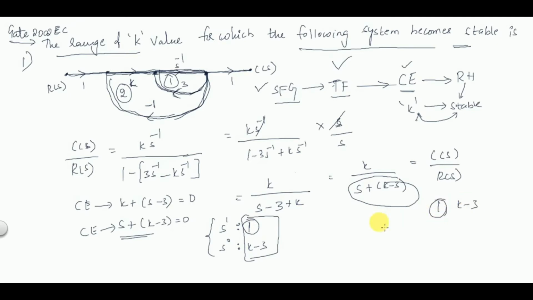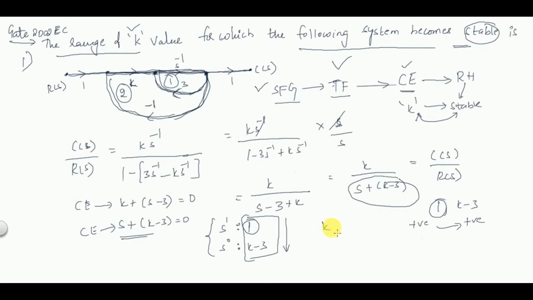1 is a positive value. Given that the system is stable, we need the range of k. For the system to be stable, the first column of the Routh array should not have any sign change. Since 1 is positive, k minus 3 also has to be positive for the system to be stable.